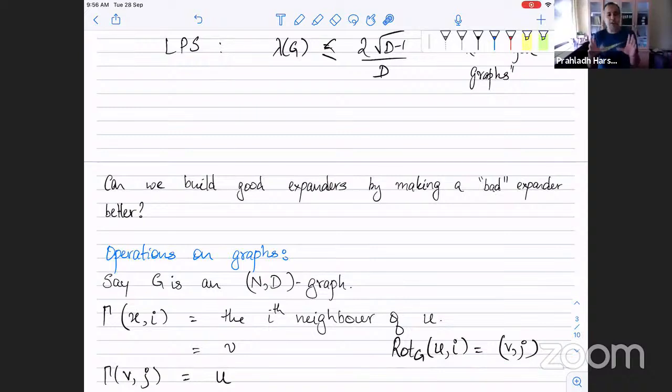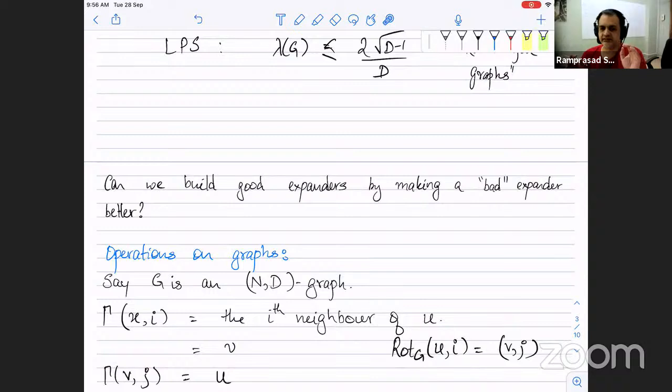So in some sense, we're not only constructing an expander graph, we're also constructing a labeled expander graph, in which all the edges around every vertex are labeled 1 to d. This could be an arbitrary labeling. I'm not insisting that u's labels and v's labels must be consistent in some way. There are d edges going out of u, and you decided to call them 1, 2, 3, all the way to d.